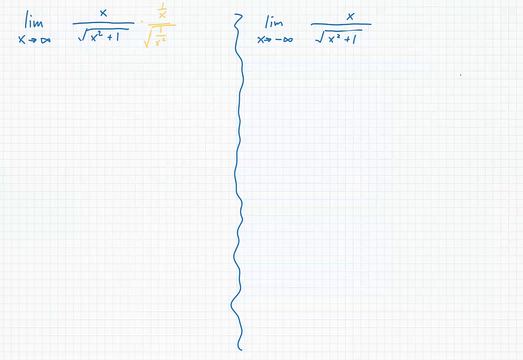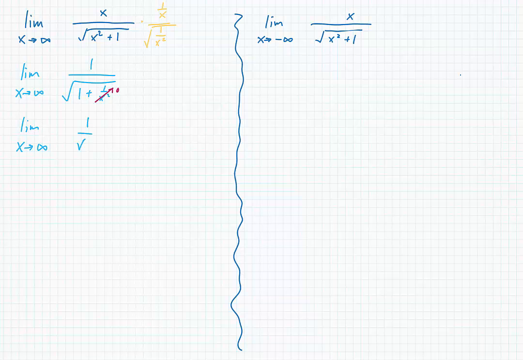So we end up with the limit as x approaches infinity of 1 over the square root of 1 plus 1 over x squared. Now, as we've already seen, as x approaches infinity, this 1 over x squared term goes to 0. So we end up with the limit as x approaches infinity of 1 over the square root of 1, but that's just 1.